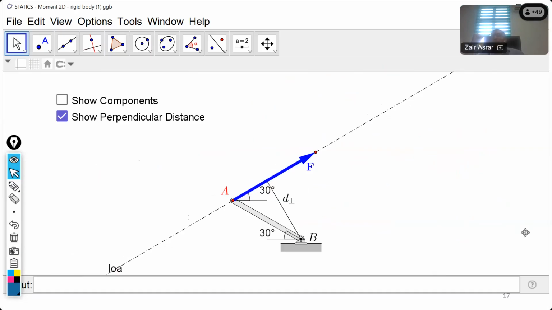What's the value for D in terms of AB and the angles?